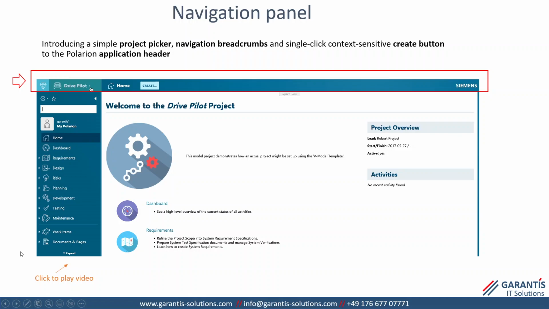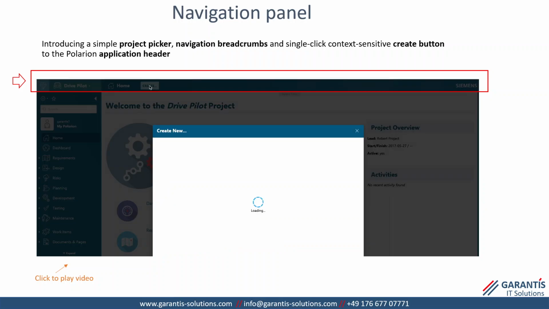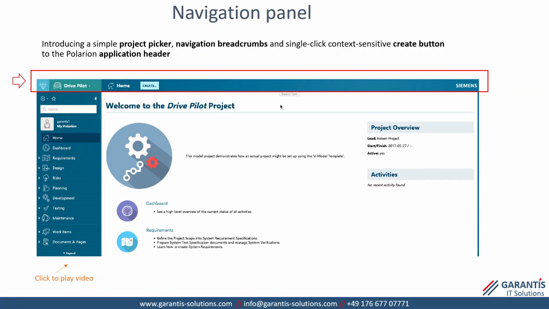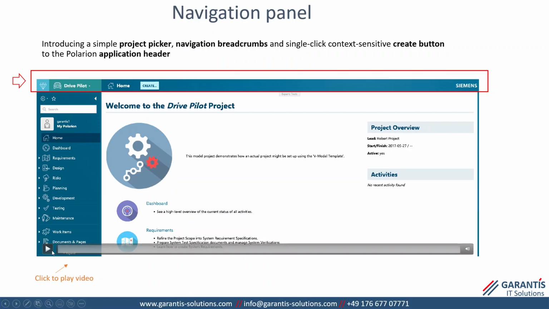So here we are looking at a Drive pilot project, and you can see that we can click on the create button, and we get a special menu where there are many useful shortcuts. So let's watch the video again.